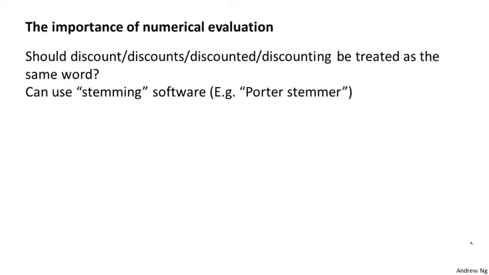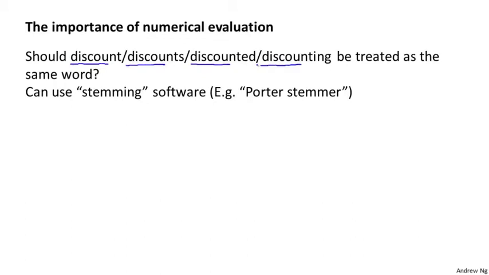Let's say we're trying to decide whether or not we should treat words like discount, discounts, discounted, discounting as the same word. So, maybe one way to do that is to just look at the first few characters in a word. If you just look at the first few characters of a word, then you figure out that maybe all of these words have similar meanings.